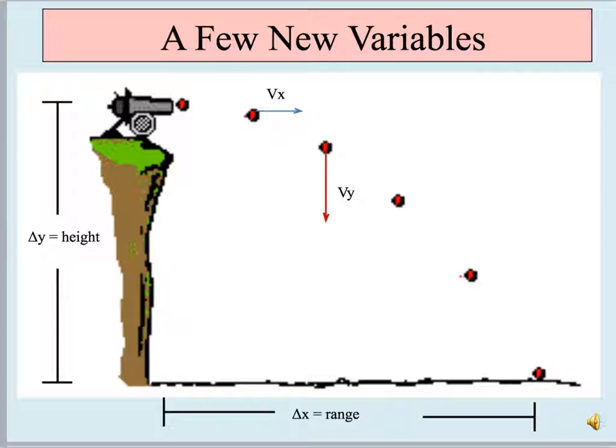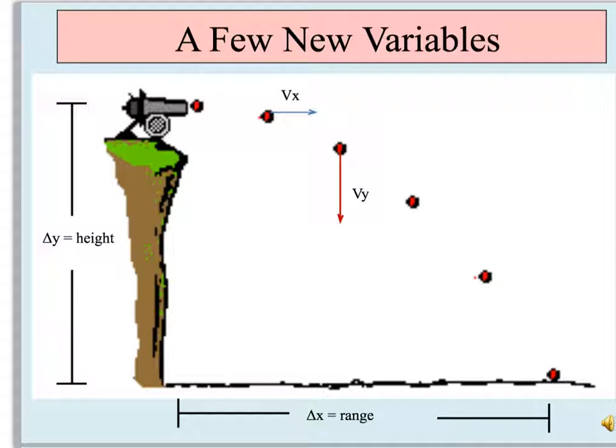So Vx is the forward velocity of the object, and the idea, of course, is that the Vx never changes throughout the path. So if I was going to try and draw the Vx vector for the entire motion of the ball, I would try and draw all of those arrows the same size, because what we're trying to say is that Vx never changes.